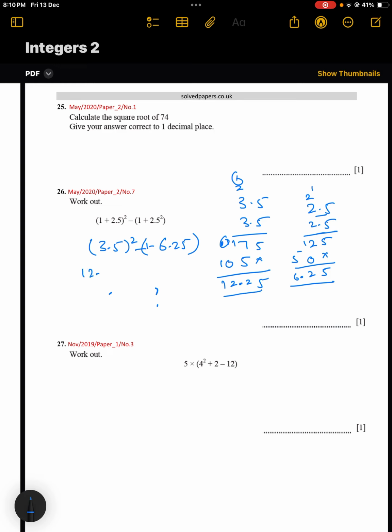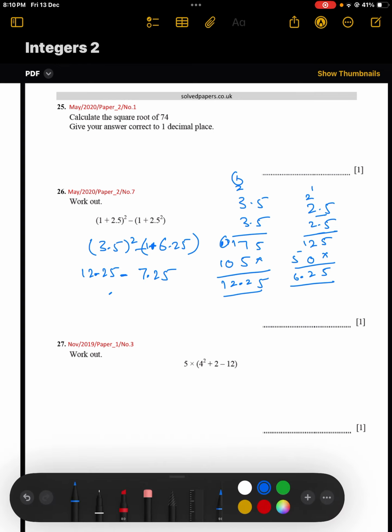So 12.25 minus. Okay, when we add 1 with 6.25, it will become 7.25. Now subtract this, so we will get our answer as 5, I think.